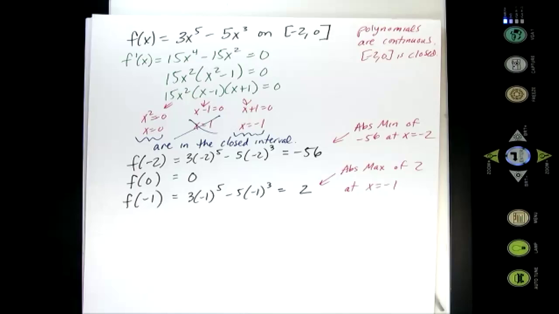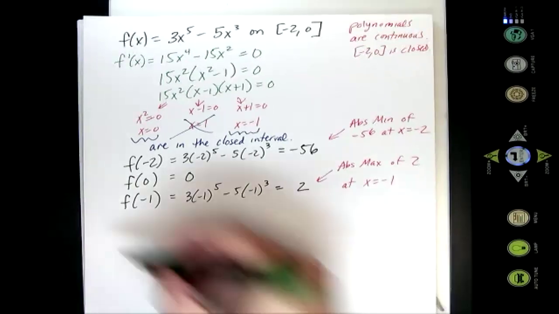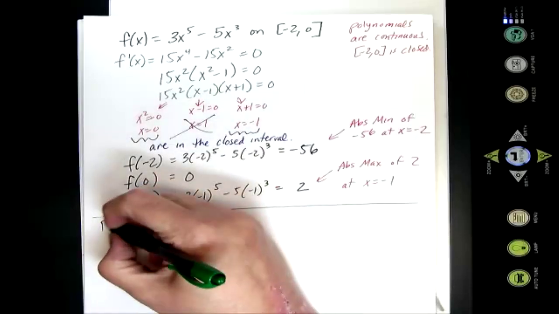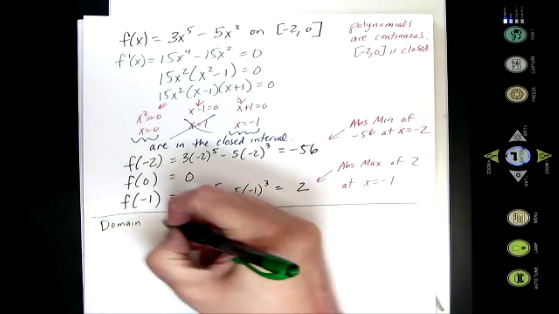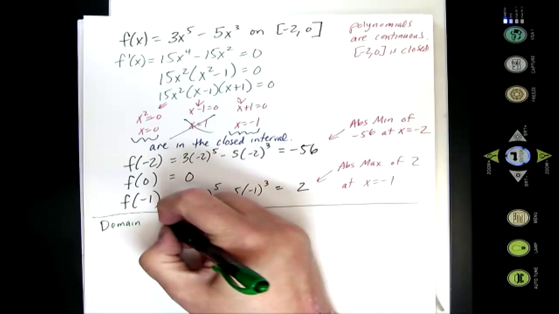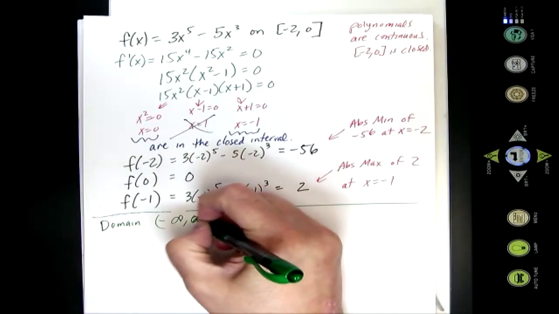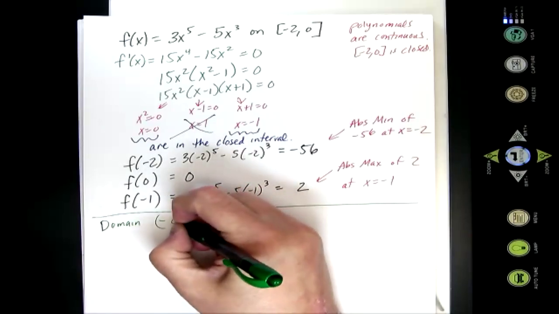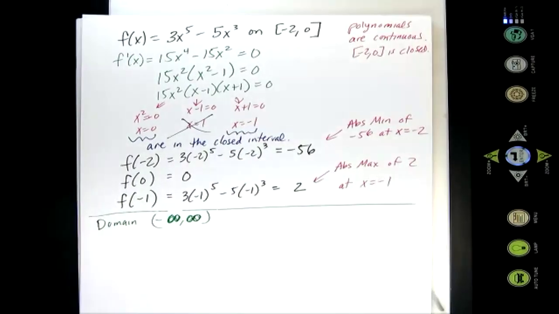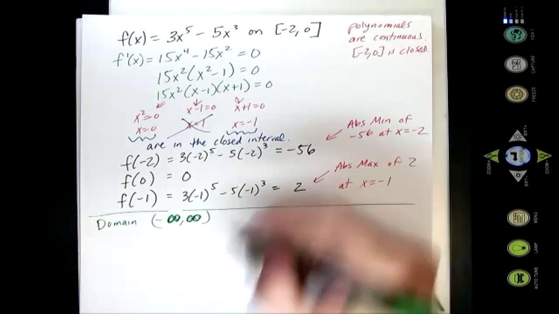What happens when we don't have a closed interval? So let's say the domain is -infinity to infinity, but continuous.